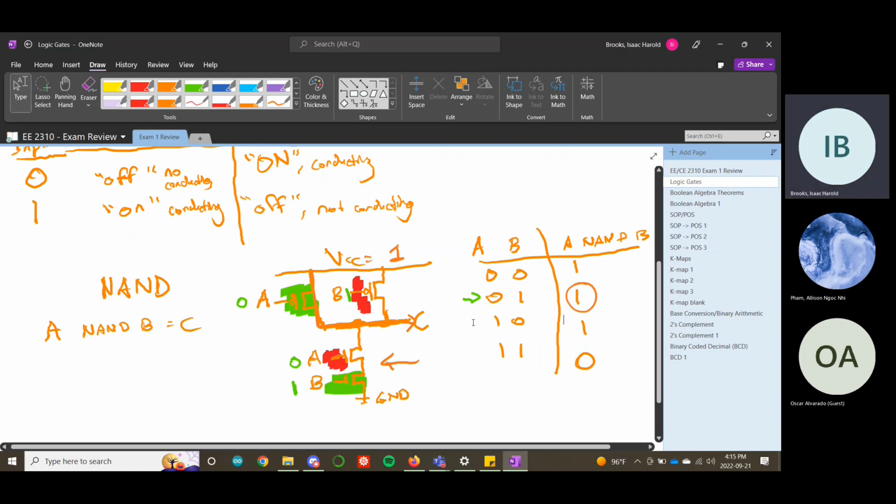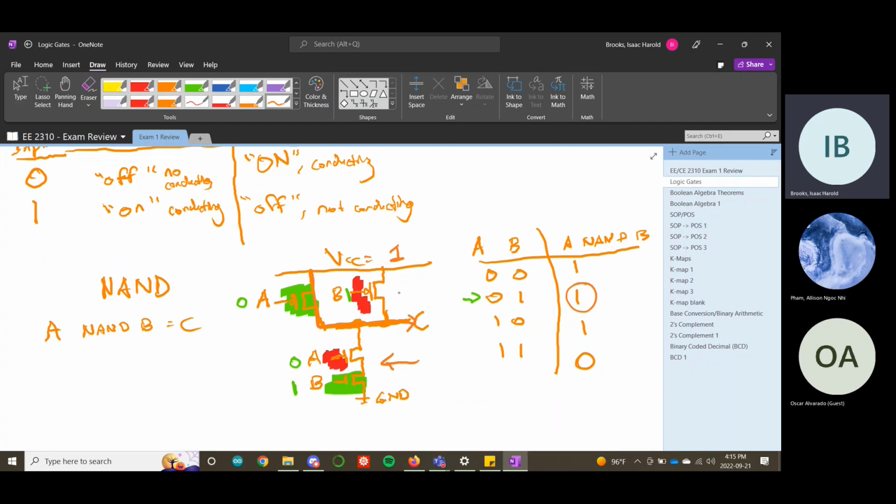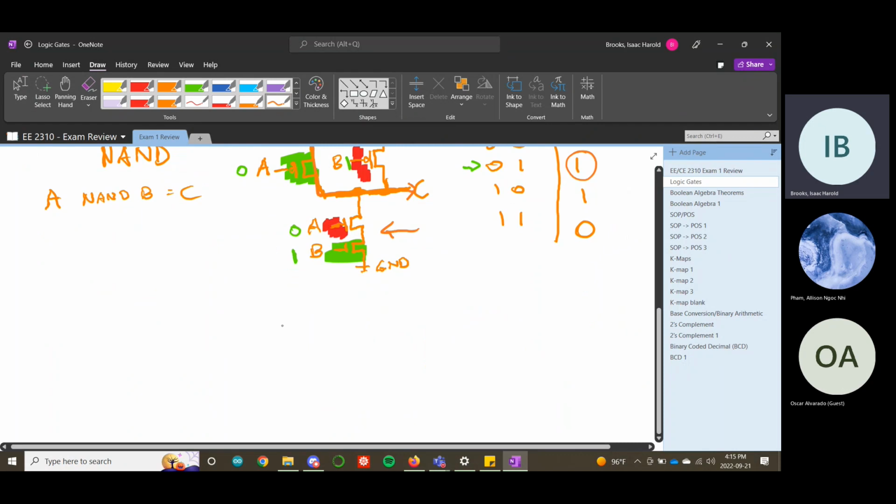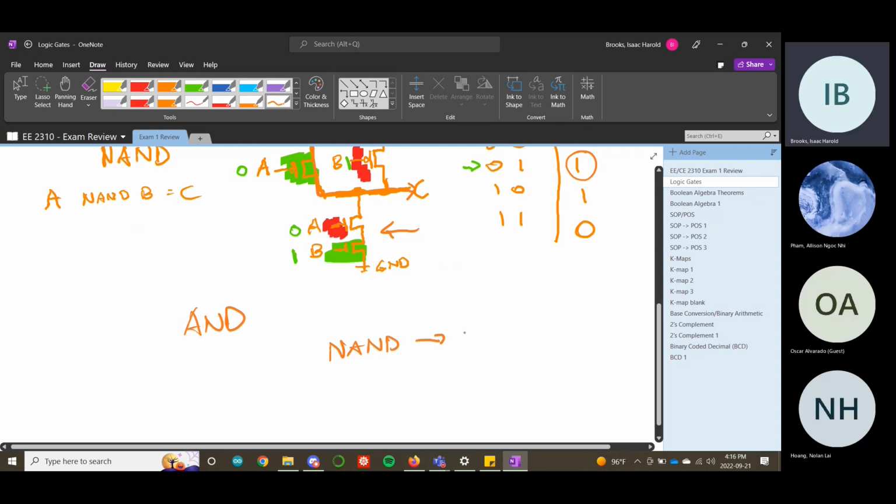The B truth table? Yes, A and B are the inputs, so they can be whatever. So this is a NAND gate, right? If they gave you an AND gate, remember the AND is just the NAND connected to a NOT.